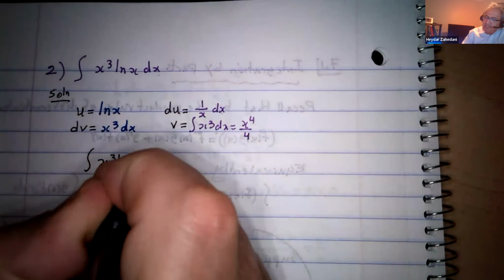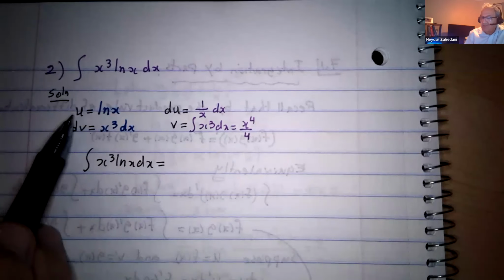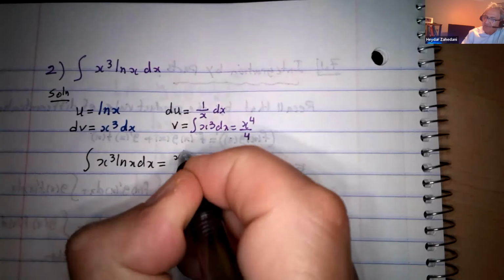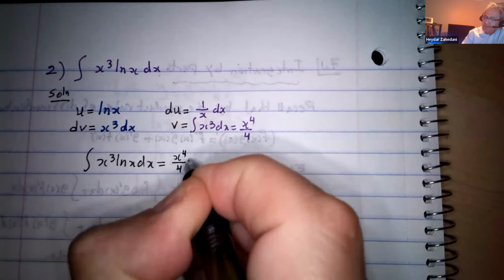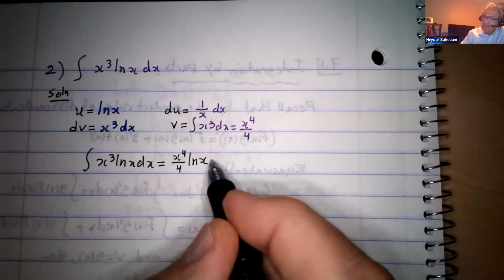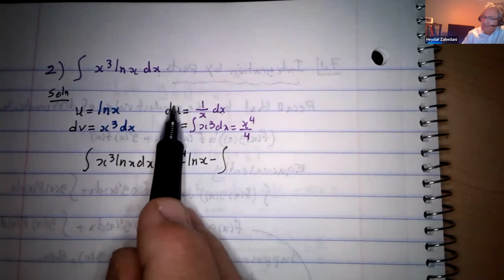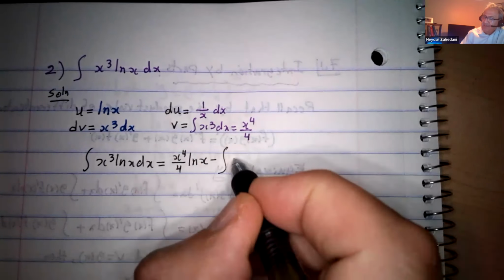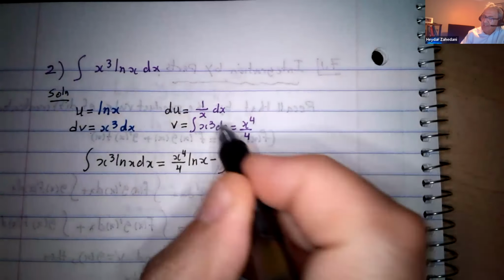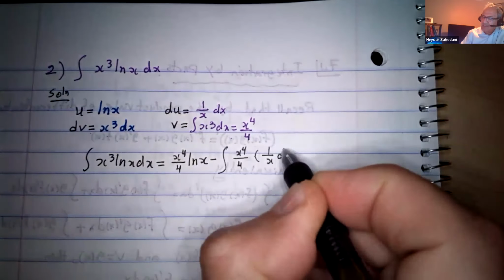The integral of x cubed ln x dx is u times v, uv. This would be x to the 4th over 4 times ln x. That's u times v, minus the integral of v du. v is x to the 4th over 4. du is what? Times it by 1 over x dx. That's it.